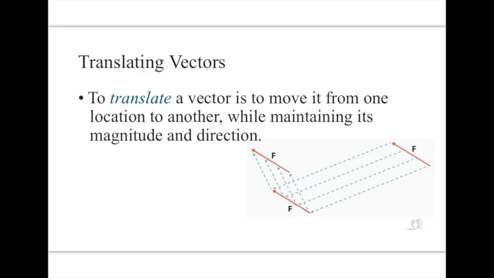I have not changed its length or its direction, right? So just because I'm moving it around, I can move it anywhere on here. As long as I don't rotate that from the angle it's at, and as long as I don't change its length, it is still considered translating a vector, and they would be equal vectors. They would give you the same result if I were to put it somewhere, okay? And so that's what translating means. It keeps its magnitude and direction, but you can move it from one place to another.